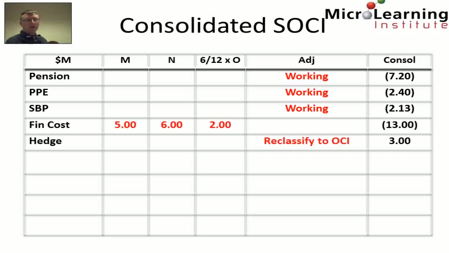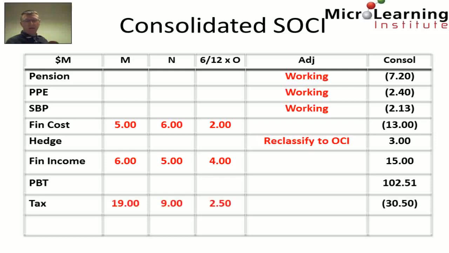The hedge is reclassified to other comprehensive income. So it's removed from here and it's reclassified to other comprehensive income. Finance income consolidates to $15 million, giving us a profit before tax of $102.51 million. Tax consolidates to $30.5 million, giving us a profit after tax of $71.01 million.